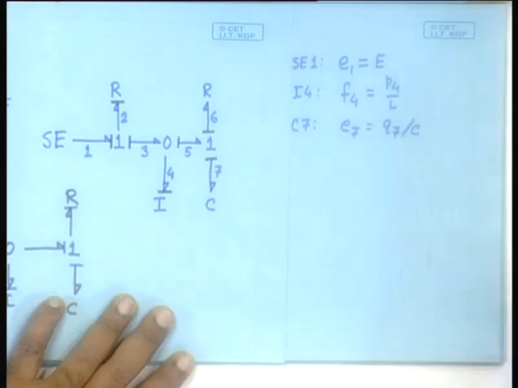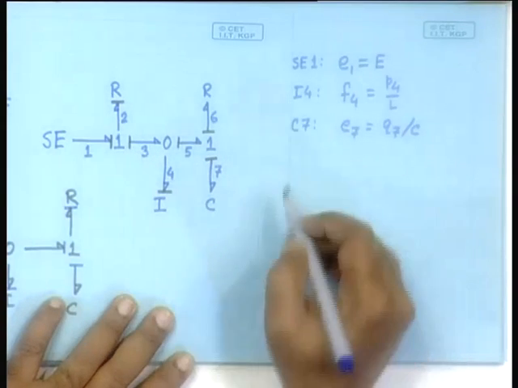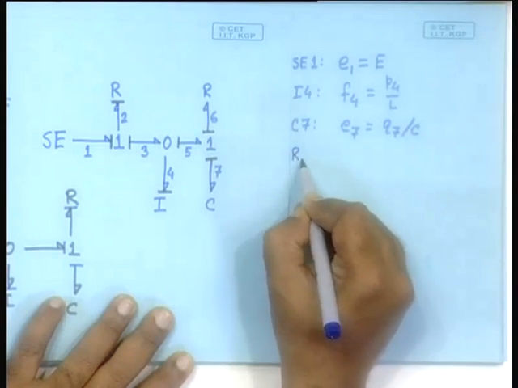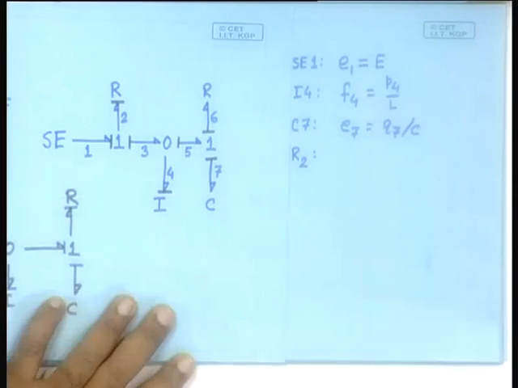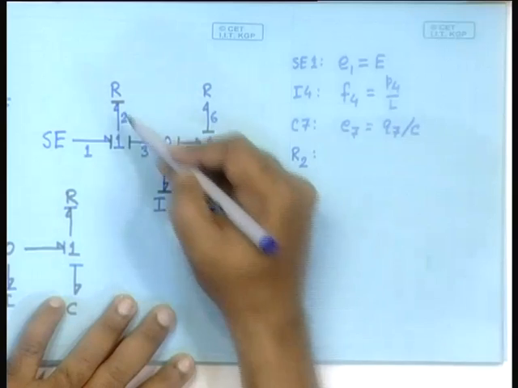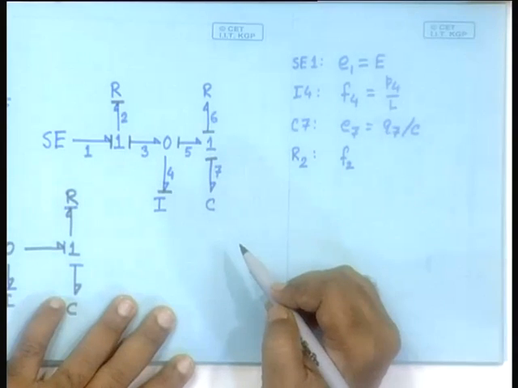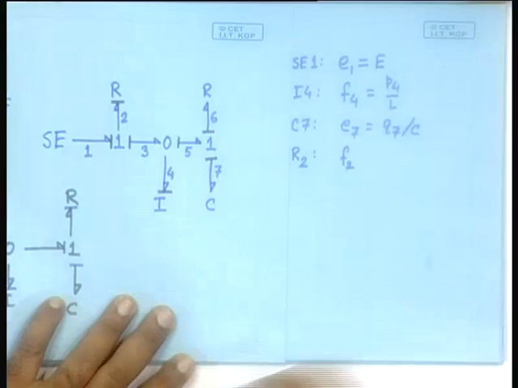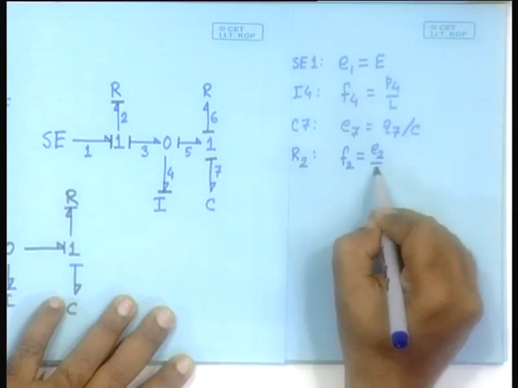The next question is then we start asking the question to the resistances. So, R2, what does it give to the system? F2. F2 is E2 by R1.